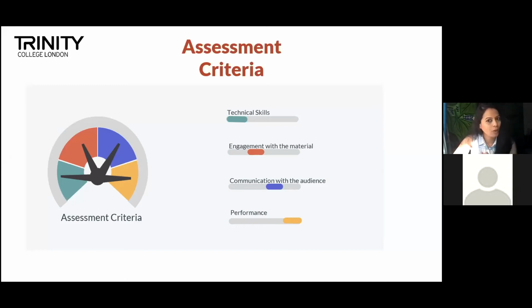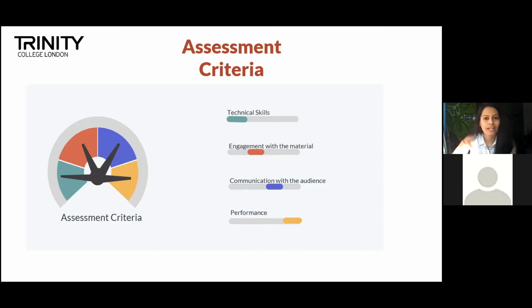And then the audience part, whether it be an imagined audience or the examiner in front who's addressed directly, it has to be a very confident exchange of ideas and meaning. The meaning should be communicated very clearly and accurately to the audience, which also includes the etiquette required while you're performing.